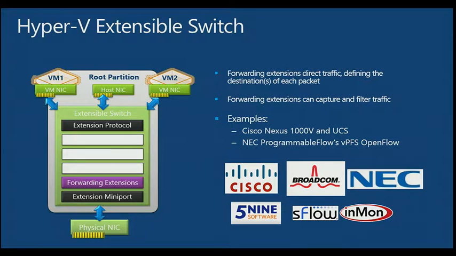With things like the Cisco Nexus 1000V, you can replace your forwarding logic inside Hyper-V, and it's just an extension inside the Hyper-V virtual switch. Same with NEC. NEC are doing an OpenFlow virtual switch as well. So there are options to do different things here.